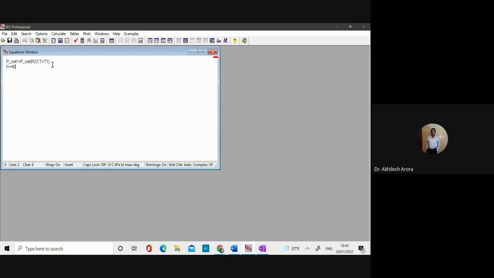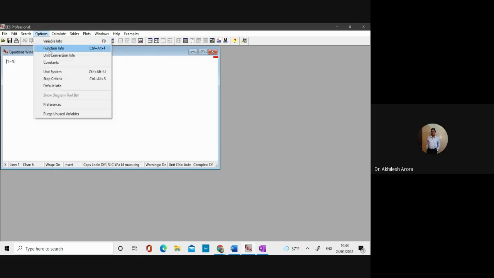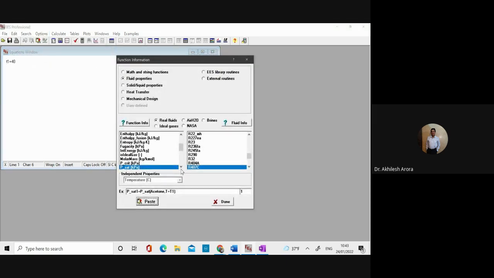The other way around is I will choose a particular pressure rather. They have given a hint that we should go for some other function. For example, function information, once again I am going, and now I will go for pressure. I have chosen the same, and they are saying that you choose quality.